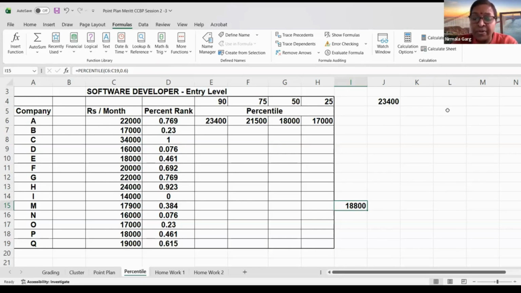Then you will take the P90 data. Here I said I want to position at the 90th percentile, P90. That means I want to pay a salary of 23,400. So this becomes my midpoint. Are you with me? This becomes my midpoint for that salary range.